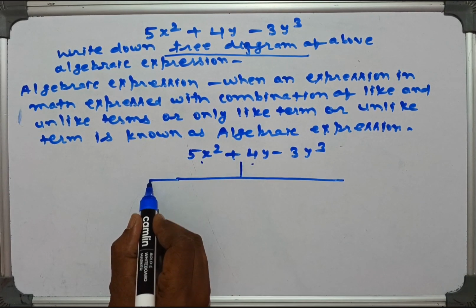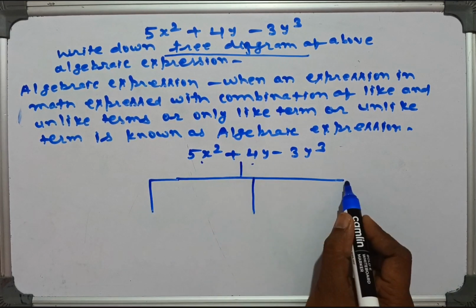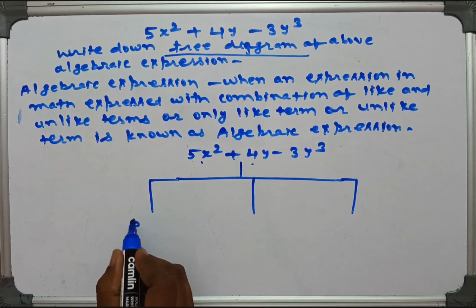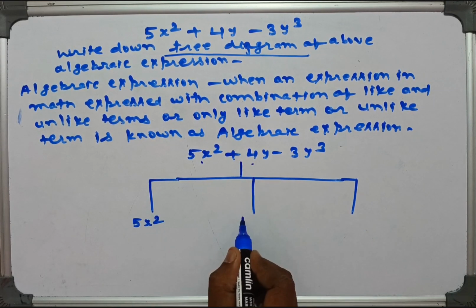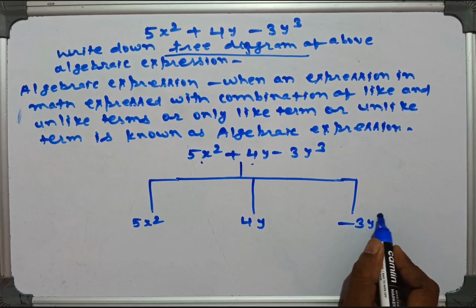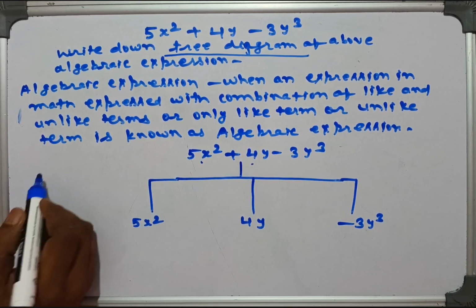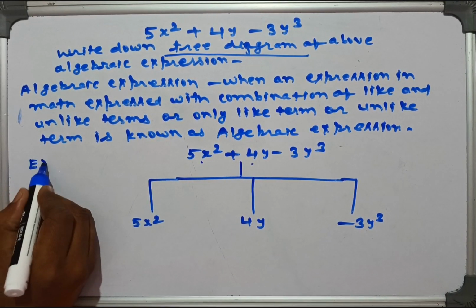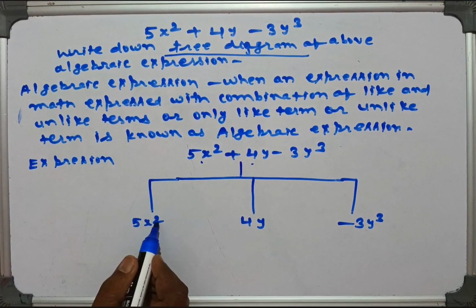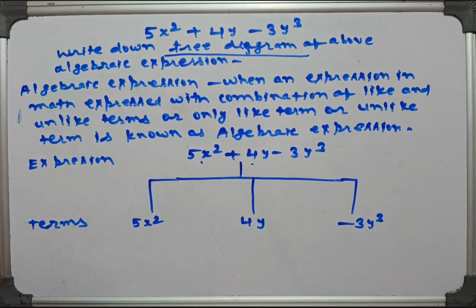So we write here 3 terms. See, this one is 5x square, 4y, and this one is 3y cube guys. So this one is known as the expression, this one is known as terms.